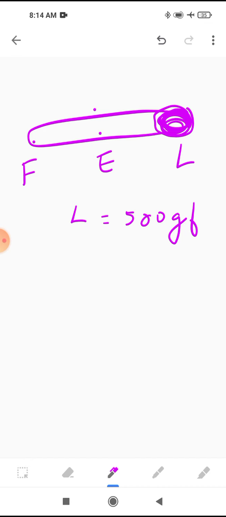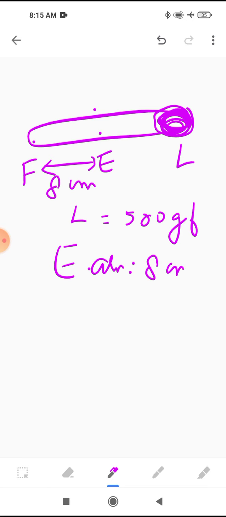If he applied an effort at a distance of 8 centimeter from fulcrum, this distance is given as 8 centimeter, that is effort arm. What is the effort? Effort you have to find out. The total length of the fire tongs is given 32.